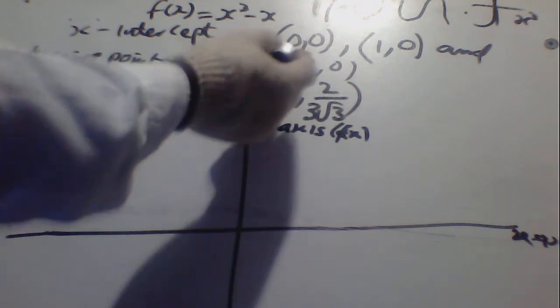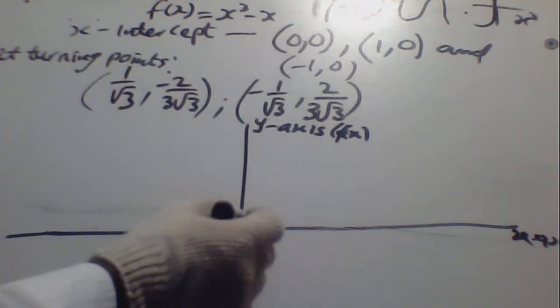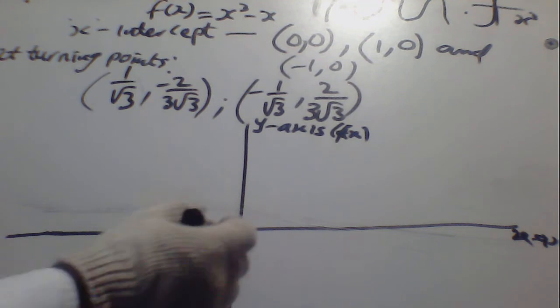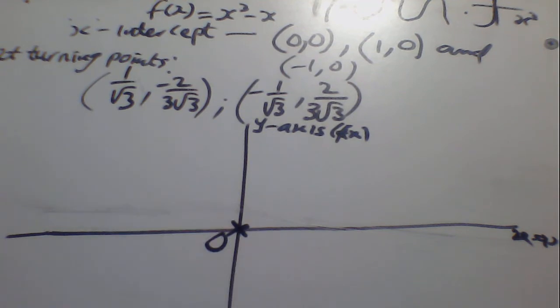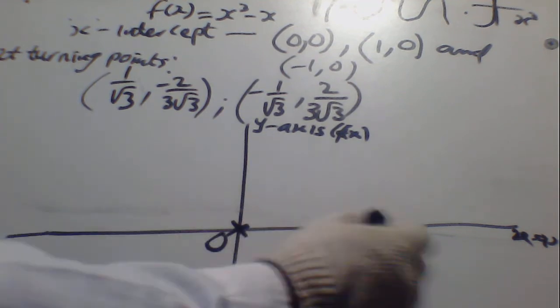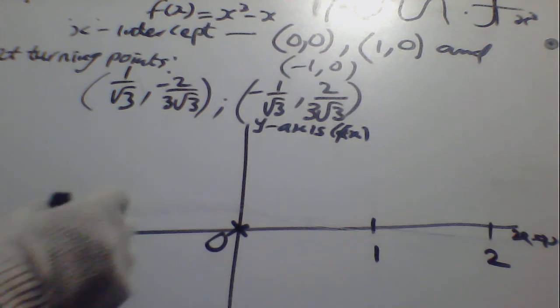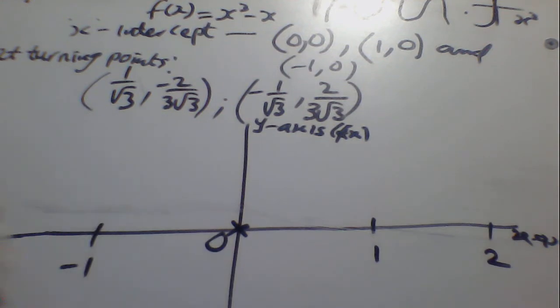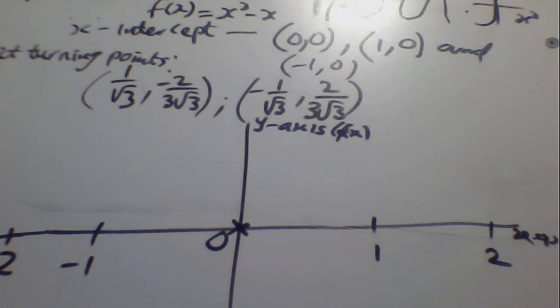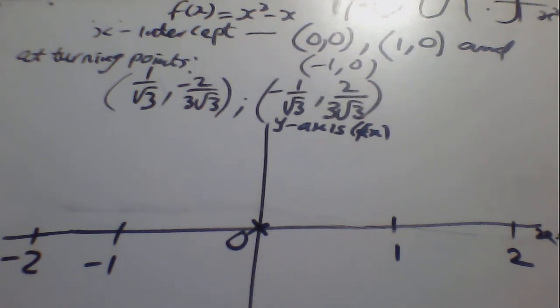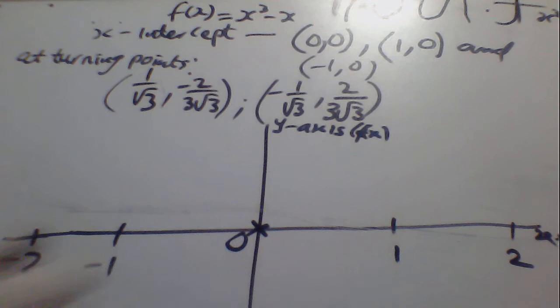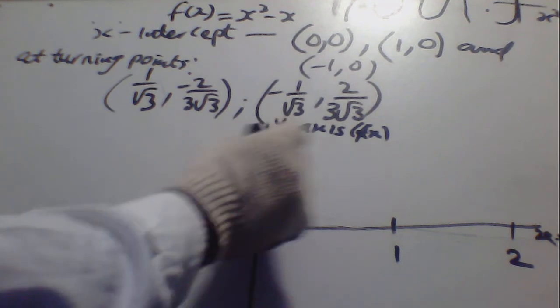So when x is 0, y is 0. So the first is here. The second, we can give allowance so that we use space. So here we can proceed. Here is 1.